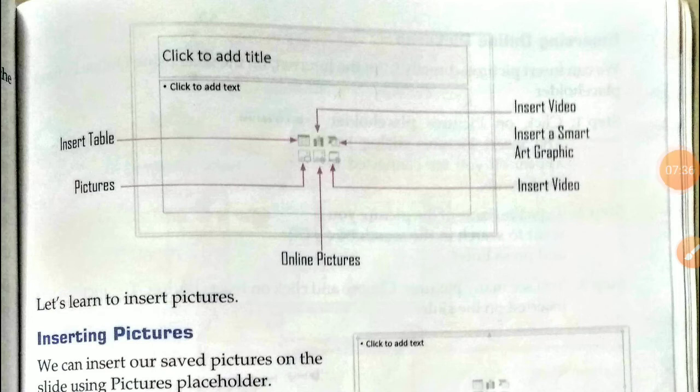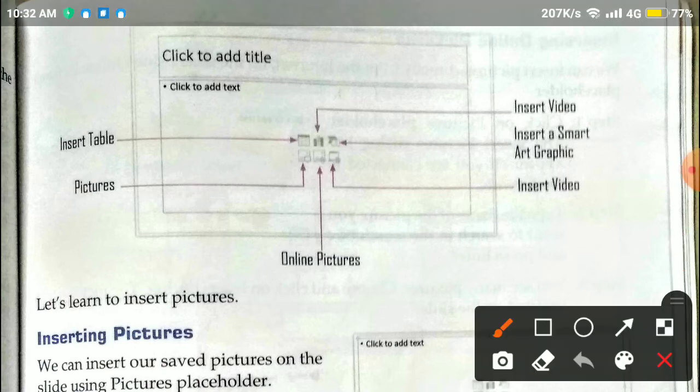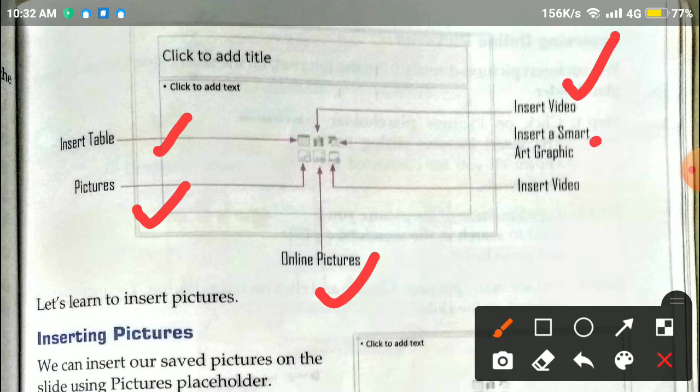Here you can see the slide. Click to add title. Here we give the title of our slide. Here, insert table, then pictures, then online pictures, insert video, insert a SmartArt graphic, and insert videos.